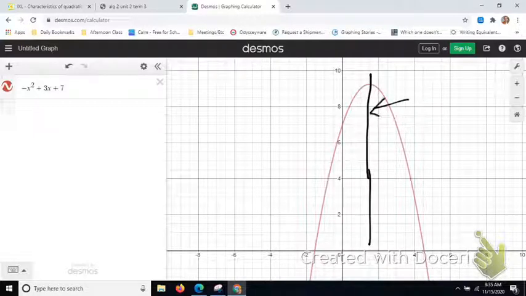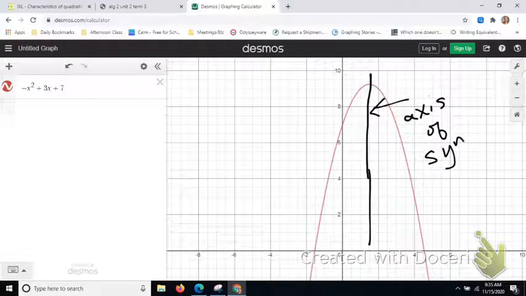That line is called the axis of symmetry. It's the line that splits the parabola into two mirror images.